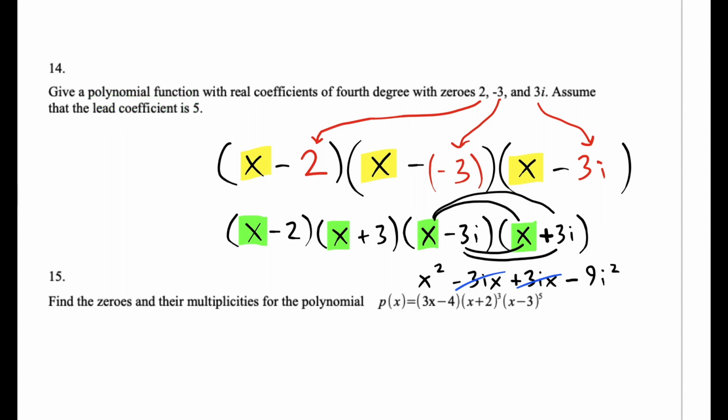And so in order to achieve that, to make sure that we end up with a lead coefficient of 5, we can put a 5 on the outside. This will ensure that our first term is going to be 5x to the fourth.